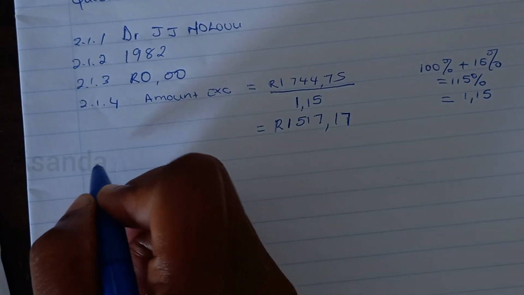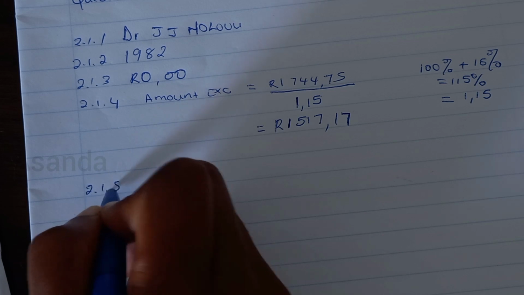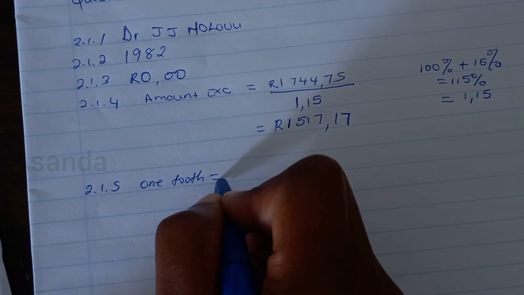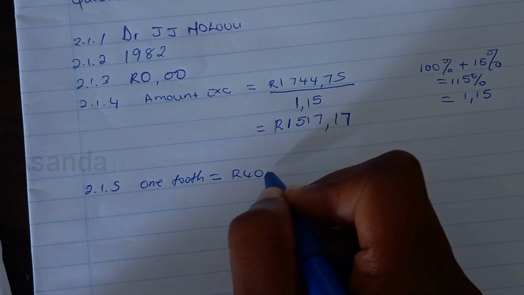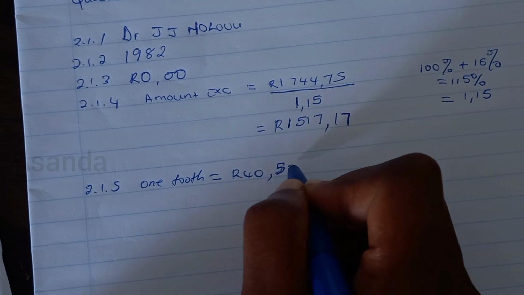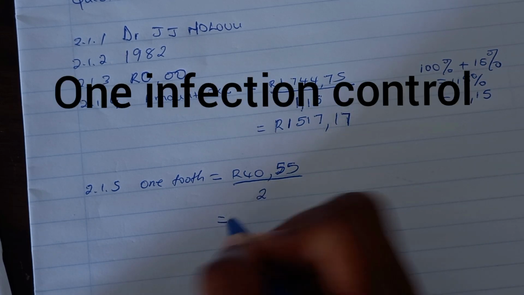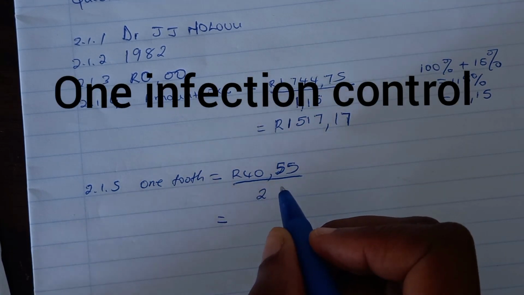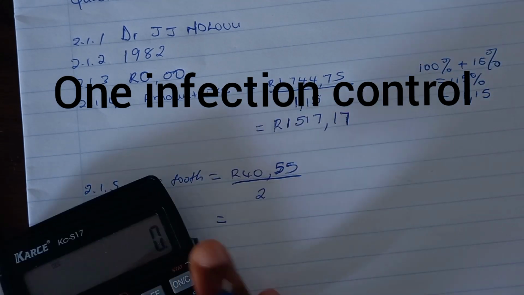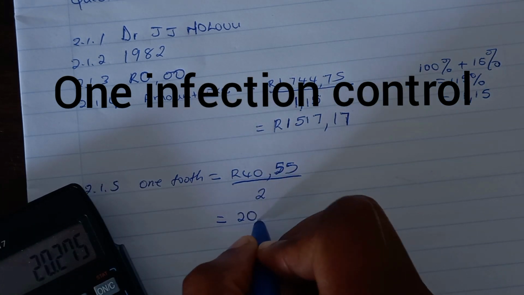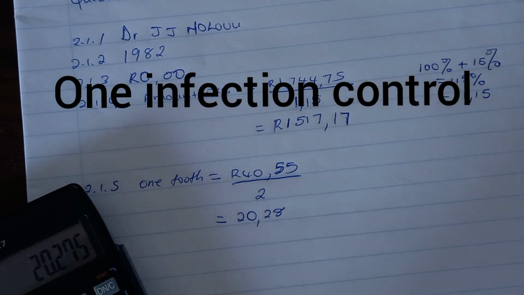So now we're going to say, 2.1.5, for one tooth is equal to, we're going to take the amount for 2 teeth, and we're going to separate it into 2, or cut it into 2, and it's going to give us the piece for 1, and that is 40.55 divided by 2. That gives me 20 rands and 28 cents. I rounded off to 2 decimal places because it's money.